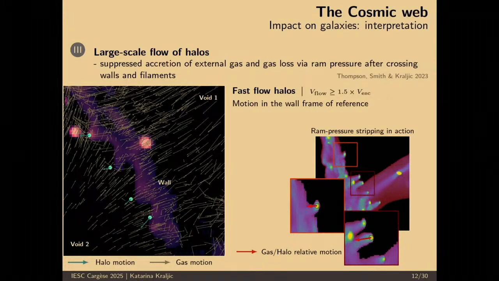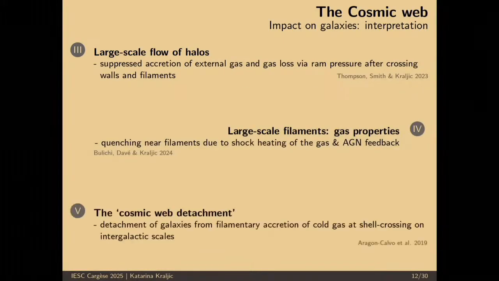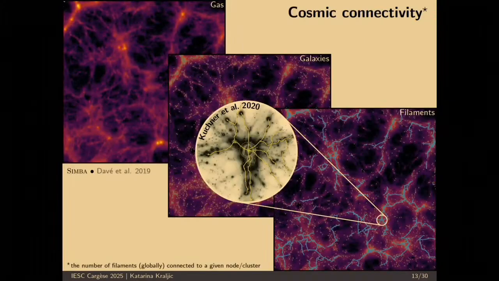Okay? So suddenly their relative velocities will be very high, and they won't be able to accrete a lot of gas. At the same time, they will suffer from this ram pressure stripping. So this could be another interpretation of shutting down the star formation in this large-scale environment. And this one I will skip.